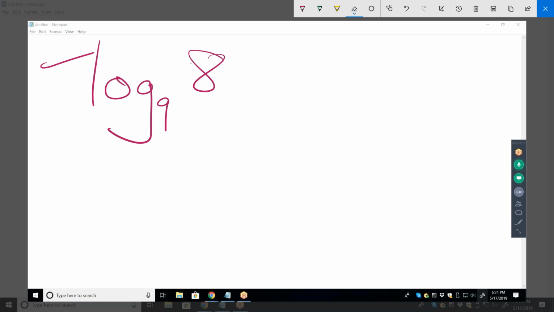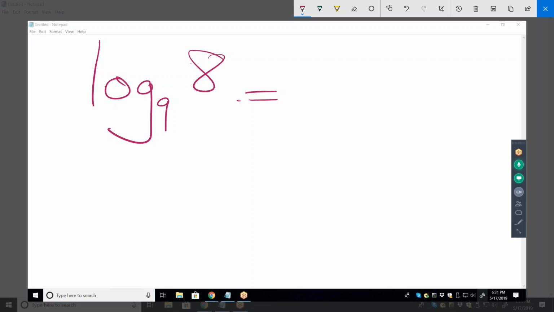So there's something called the change of base formula. Because you have a calculator that only has two keys on it. It has log base 10 and it has natural log, correct? So if they ask you the log base 9 of 8, you can't get that on your calculator. You can, but you have to use the change of base formula.